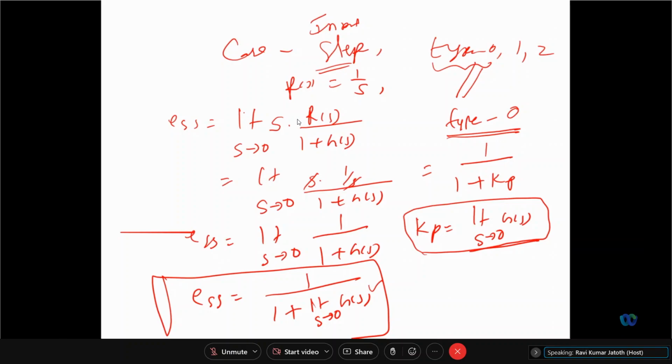Now, the input is step. If I have this as type 1, which is K into 1 plus sTa, 1 plus sTb, by 1 plus sT1, 1 plus sT2, if G of S is type 1, then what?